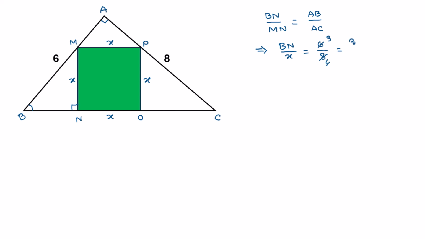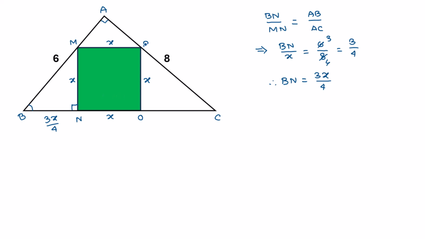So this is 3/4. Now multiplying both sides by x, we will get BN, and BN will be 3x/4. So the length of BN is 3x/4.